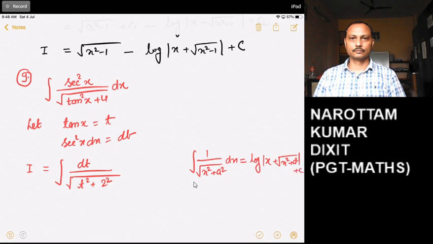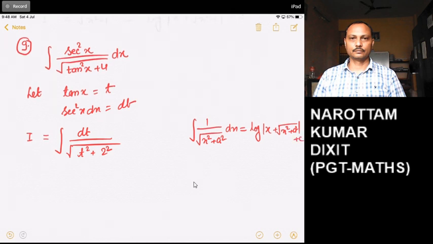So using this formula, we will get log of mod of t plus under root t square plus 4 plus c.